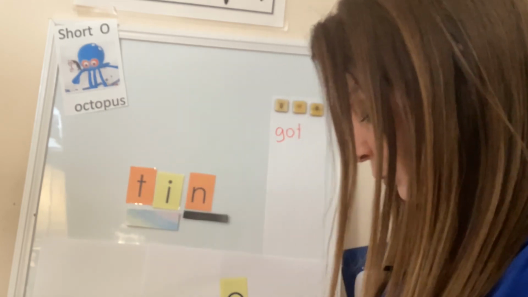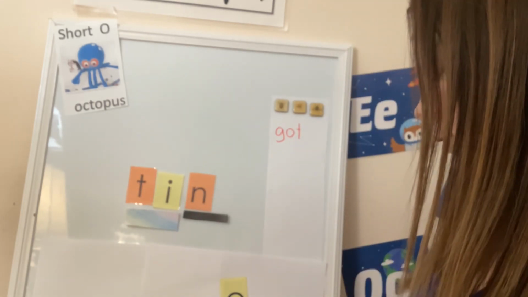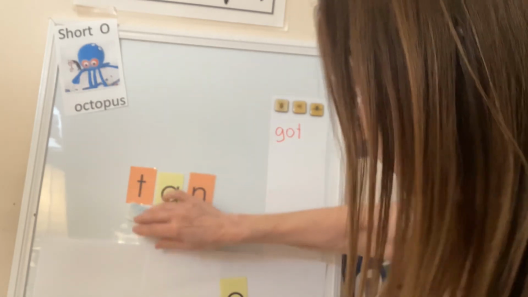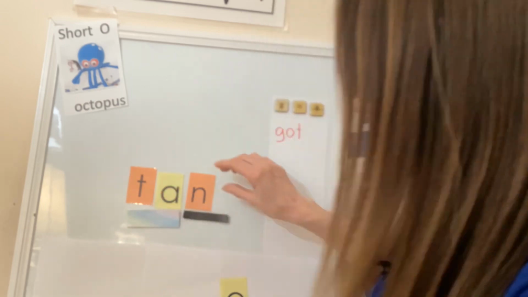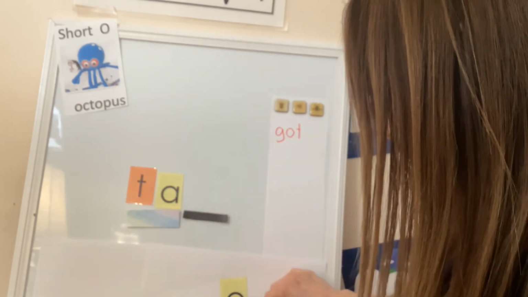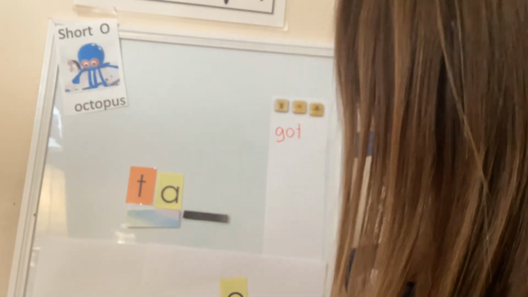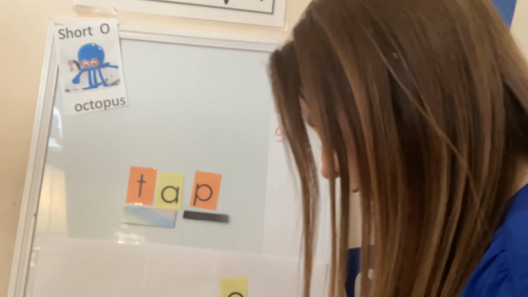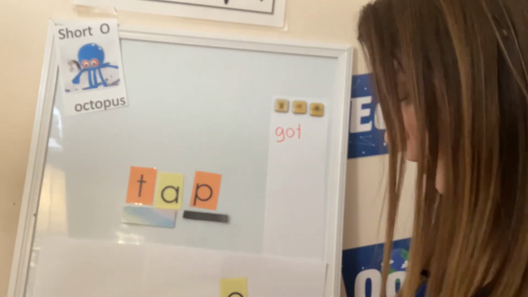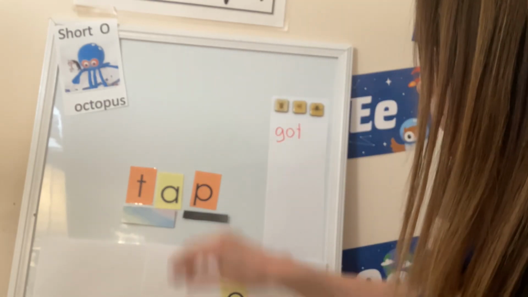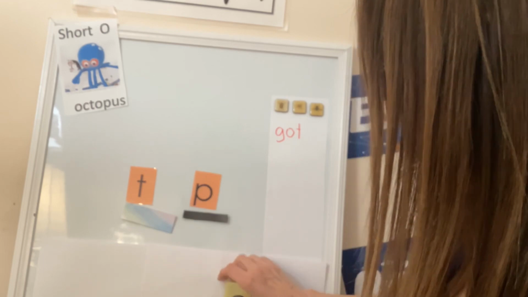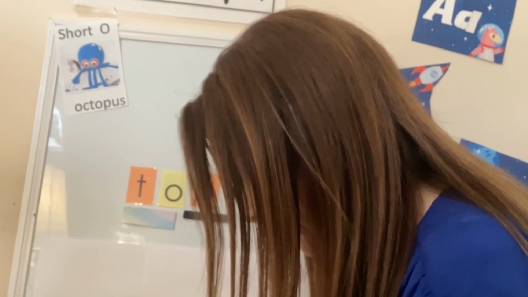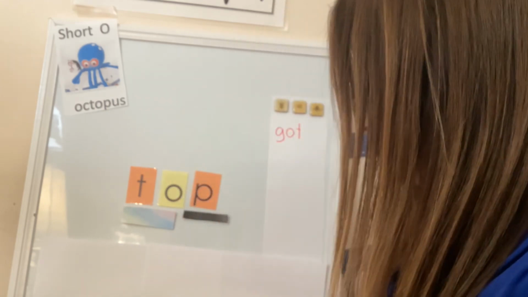Can you change tin to tan? And then you could change it on your own and say, well, what letter is this? And see if they can figure that out. Tap. And then you can say, can you change tap to top? And can you change top to hop?